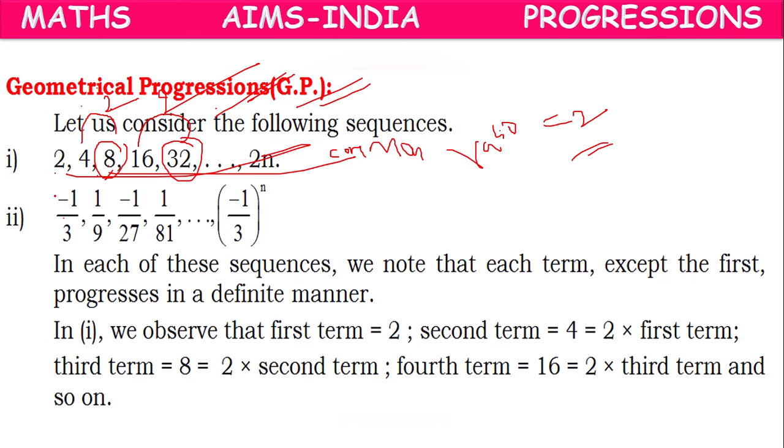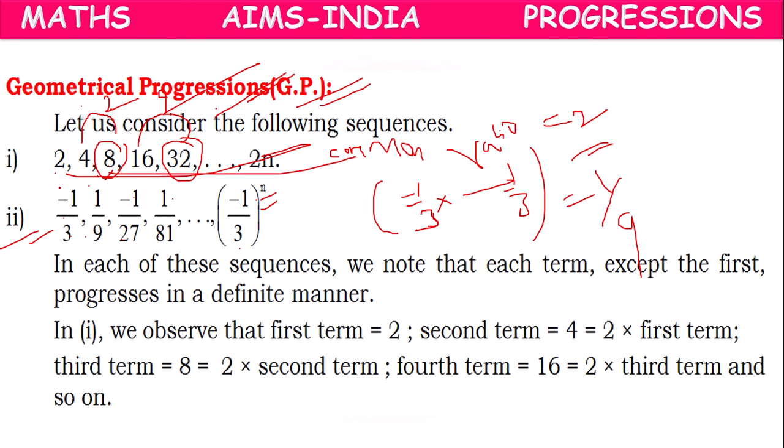If you observe another sequence, minus 1 by 3, 1 by 9, minus 1 by 27, 1 by 81, up to (minus 1 by 3) whole power n, which means minus 1 by 3 into minus 1 by 3 equals 1 by 9.